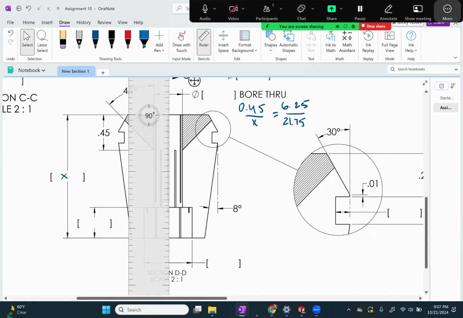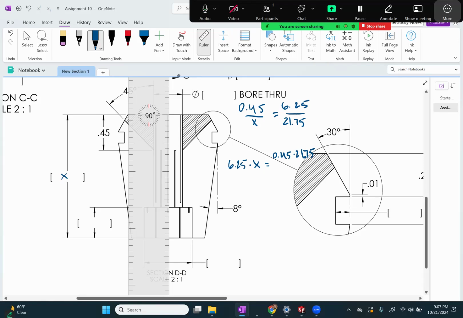5, 10, 15, 20, 21, about 3/4. Okay, so this is my equation set up. Now I have to solve for x. What I could do is cross multiply, and that would give me 6.25 times x is equal to 0.45 times 21.75.